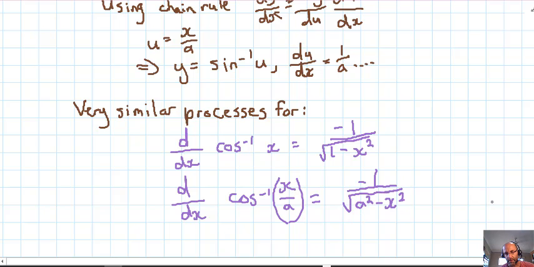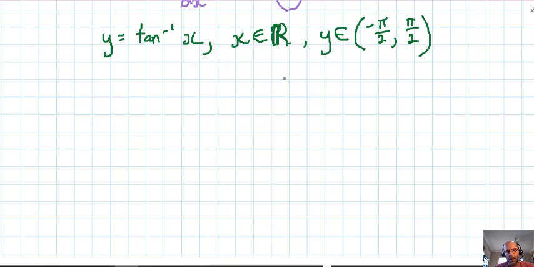Lastly, tan uses a slightly different approach. With inverse tan x, we know that x is unrestricted and y is between -pi on 2 and pi on 2 exclusive. Remember all that previous stuff we did.